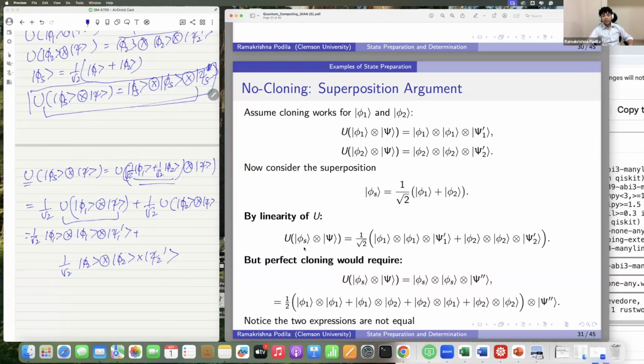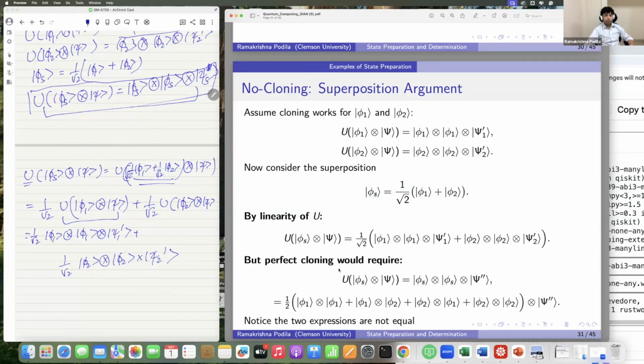So you can see that what I have up here by linearity of U, where I'm operating on phi 1 first and phi 2 next, versus copying phi s itself, these two results should be the same if cloning is possible. But because these two results are not the same, that means that you cannot really clone anything.